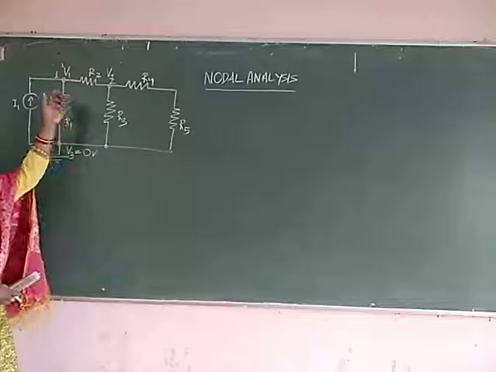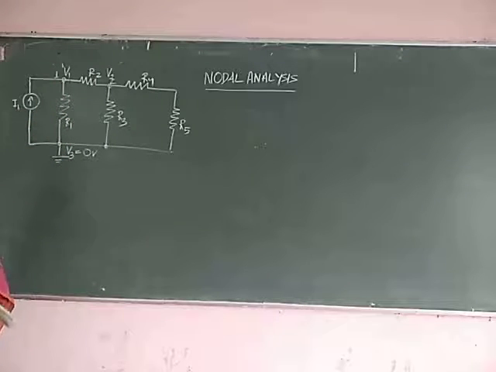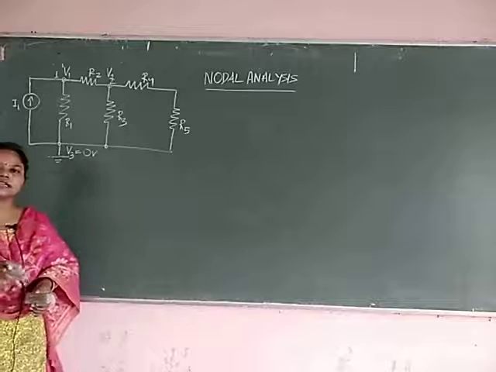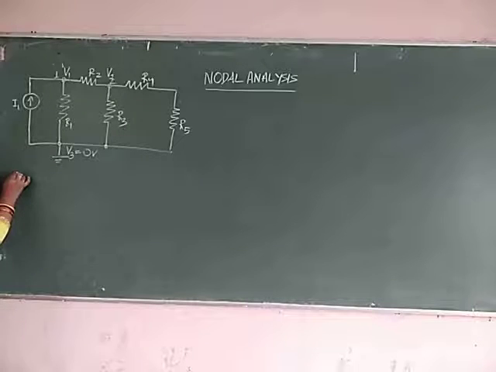Similarly for node 2. First I write KCL equation for node 1. For that I redraw the circuit again. I draw only the branches which are connected to node 1.